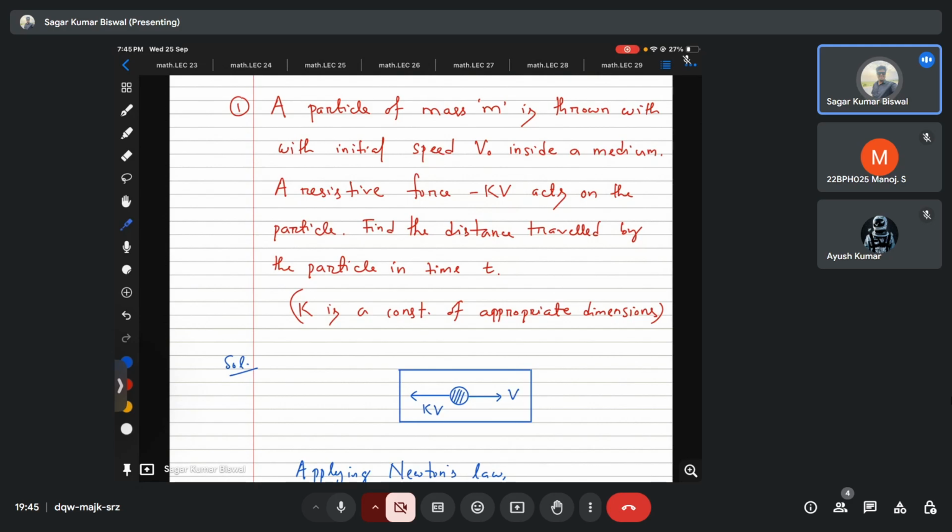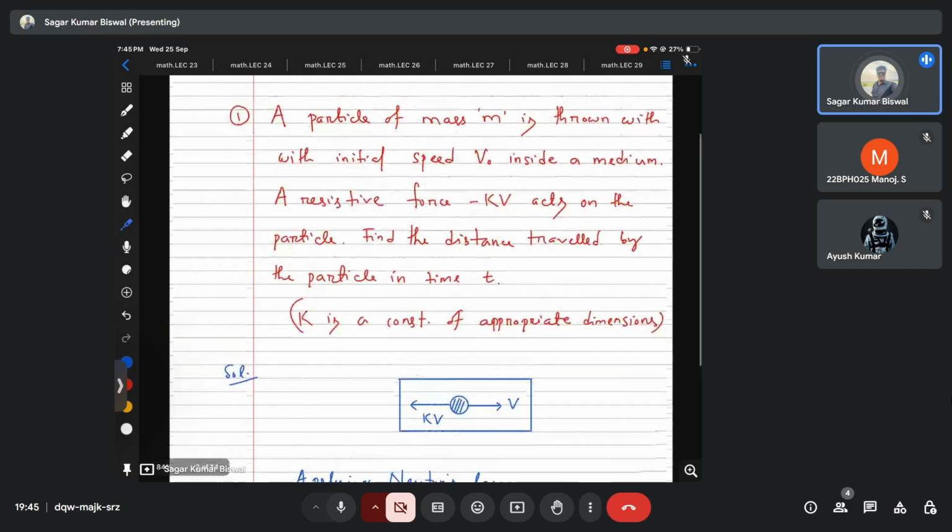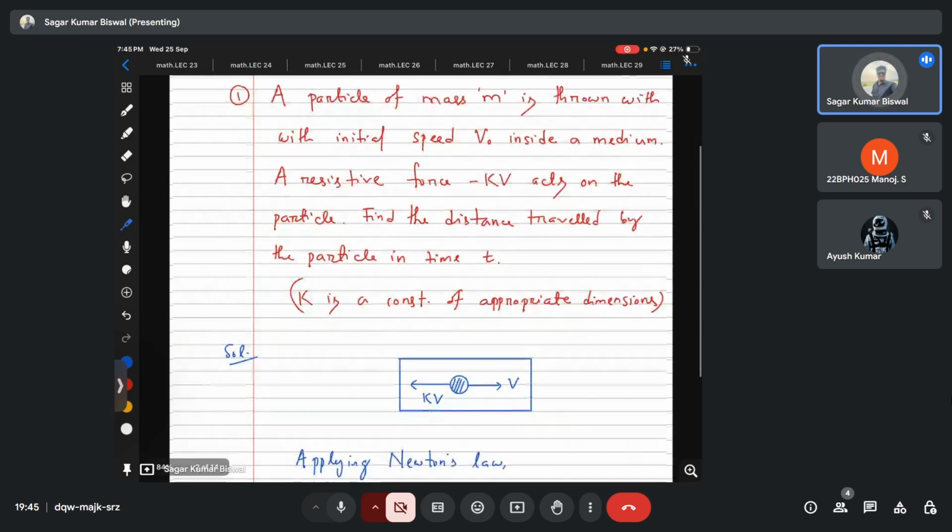So there is a resistive force acting on the particle. Initially the speed of the particle in the medium was v0. Then when it started traveling in this medium, there was a resistive or frictional force acting on the particle.